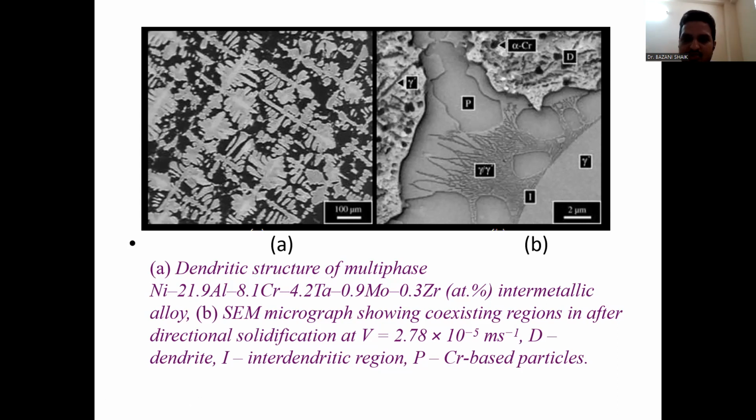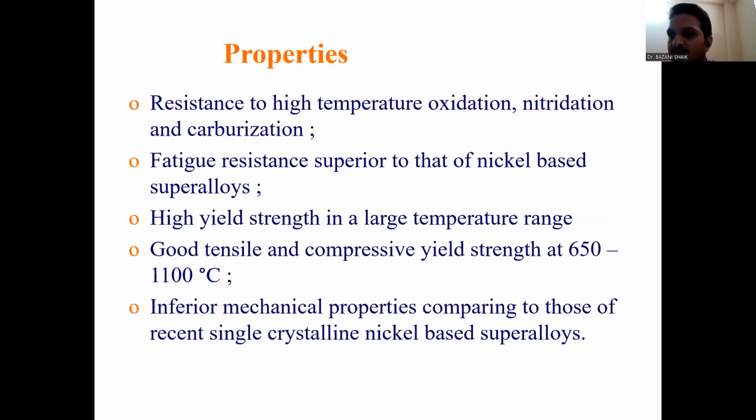This main importance shows the conditions depending upon different properties. The properties of these new nickel-based alloys show how they will be useful for different industrial applications.